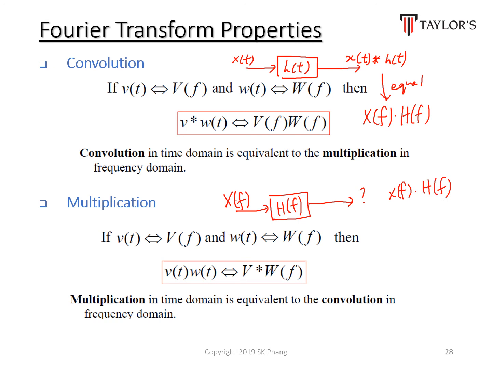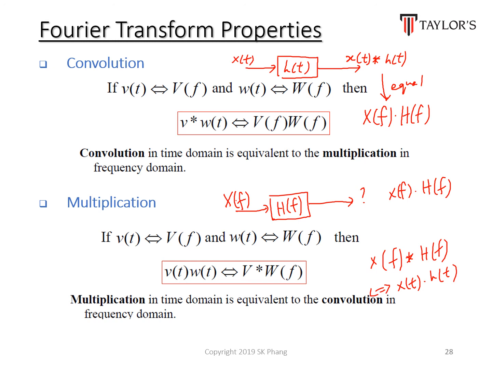The same thing happens the other way around. Convolution in the frequency domain is equivalent to multiplication in the time domain. I shouldn't write the equal sign here. So sometimes we can play with it.